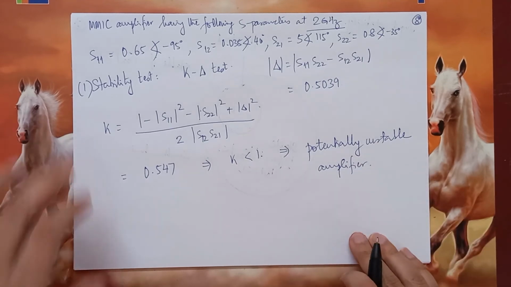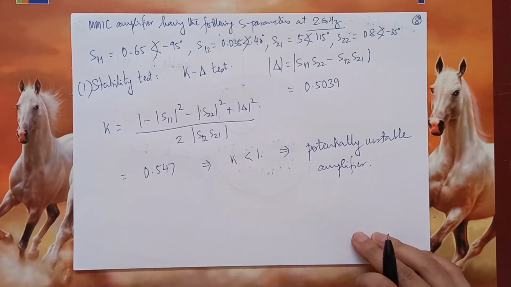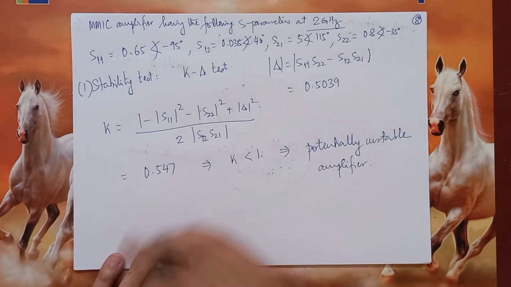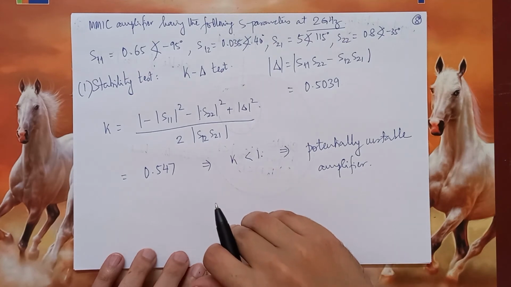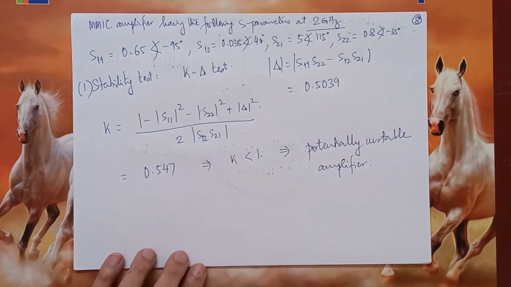So now we have to be careful and see whether the potential instability exists for the source side or the load side or both, or rather the input side or the output side. So therefore we have to construct the stability circle.